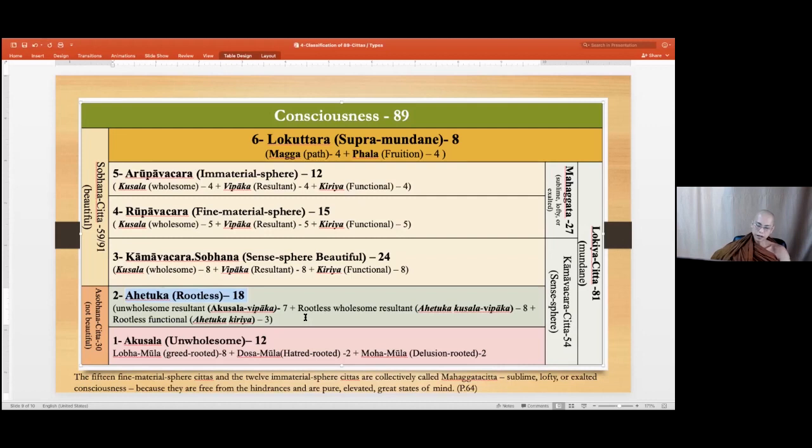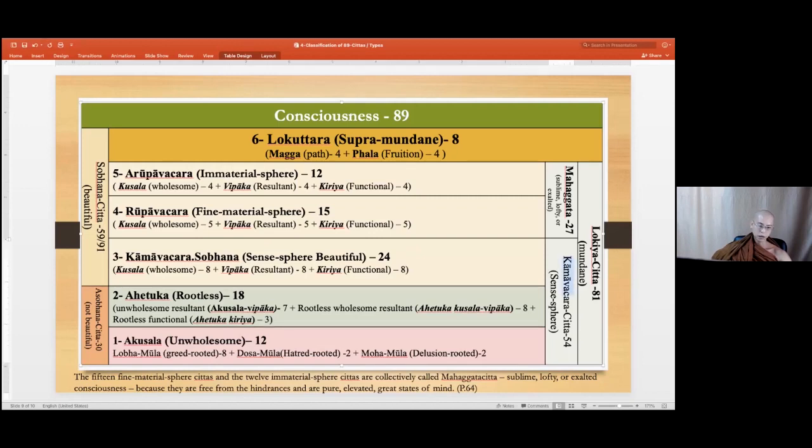So Ahetuka 18 and Sahetuka with roots become 71, because the rest, including Akusala, Kamavacara Sobhana, Rupavacara Sobhana, Arupavacara Sobhana, and Lokuttara, are Sahetuka, because the Ahetuka has already been selected out. In this way, the classification according to the hetu is also identified by this chart, and according to the plane of existence.